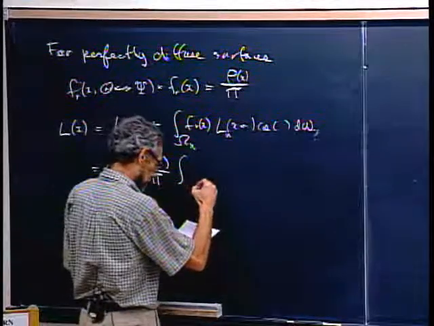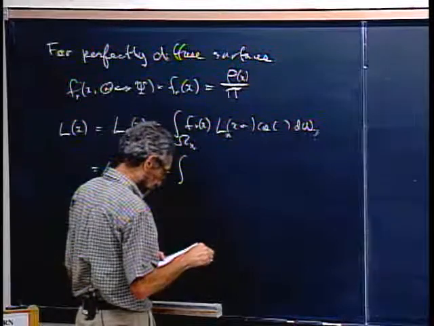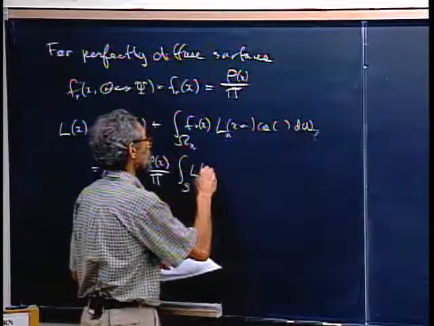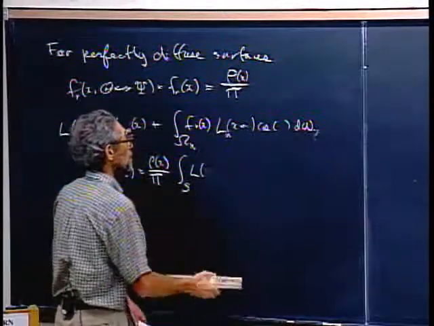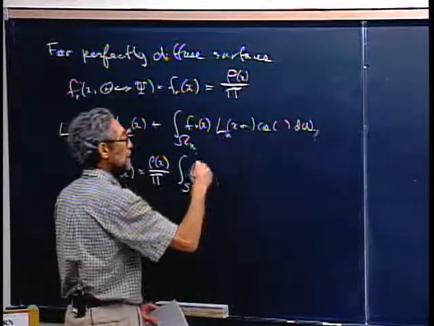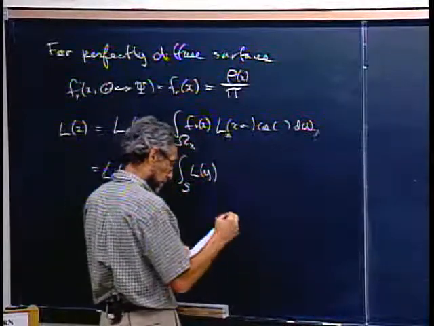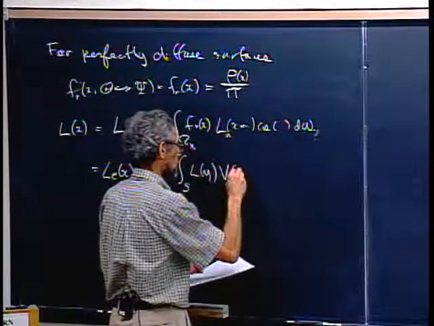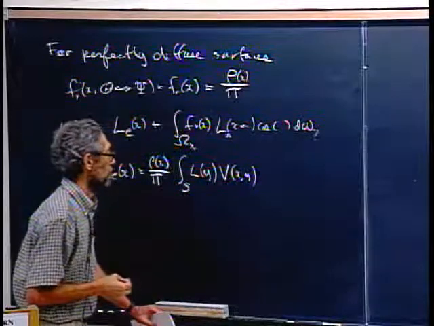So that's the integral over surfaces of L at some point y now, the radiance leaving the point on the surface corresponding to that direction, L(y), times this visibility, which says whether x and y are visible to each other.